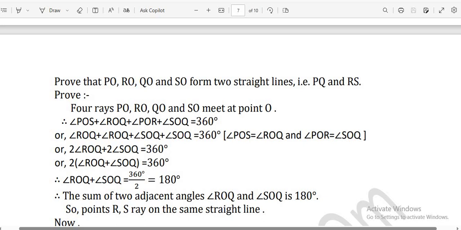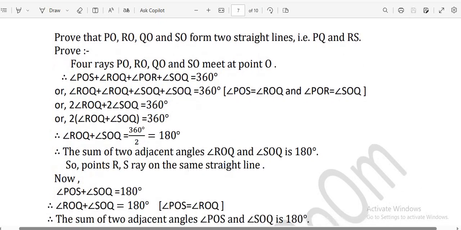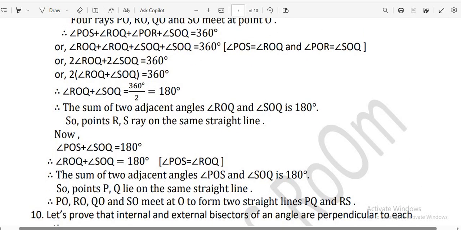So rays RO and OQ are on the same straight line. Similarly, now the angle POS plus angle SOQ is equal to 180 degrees.